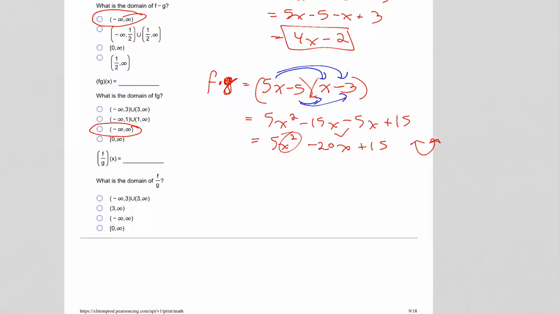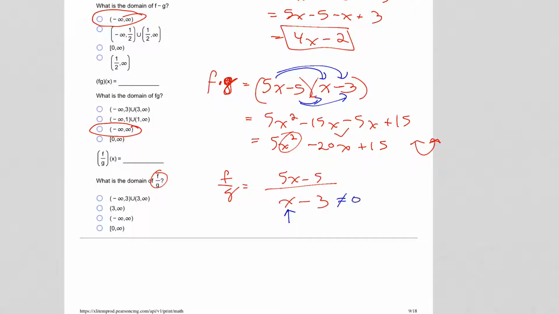Now we're going to do division. So we're going to put the f on top of the g. And that's basically it, and we're not going to divide that. But we do have a restriction in the domain.